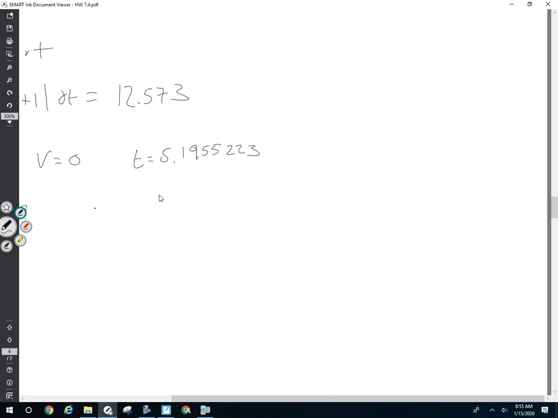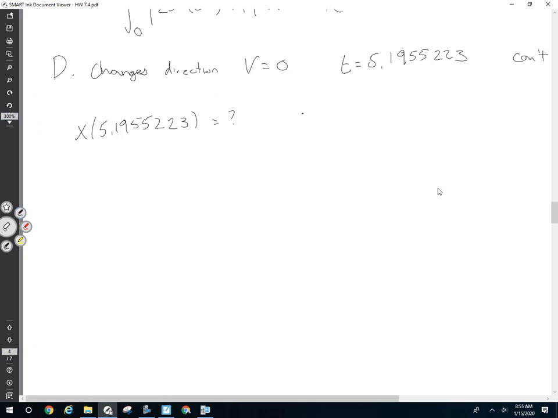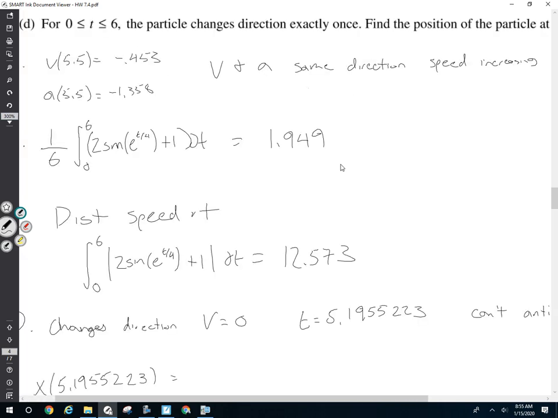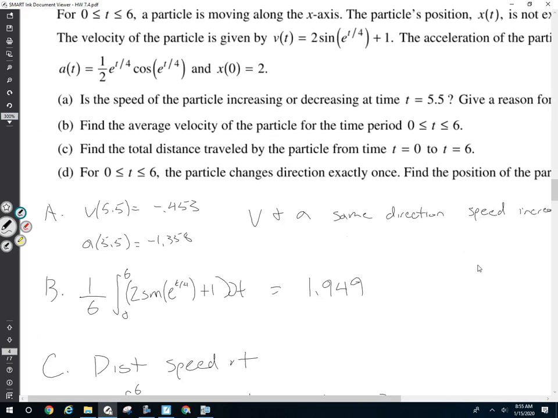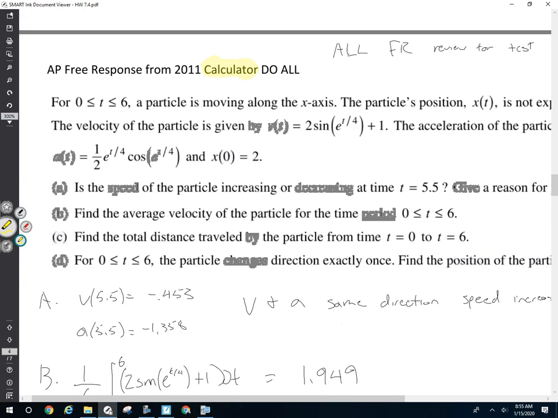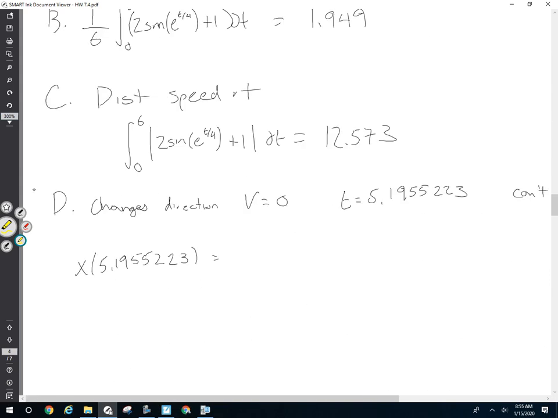I'm going to write that over here. So what you're going to have to do is use our calculator. Use what you have. You have an initial position. It kind of hides on you. We haven't used it yet in any of our questions until now. We know our initial position is 2. That's my position at time 0.